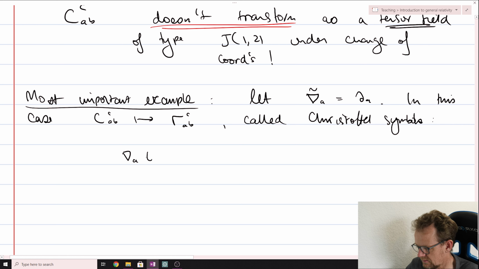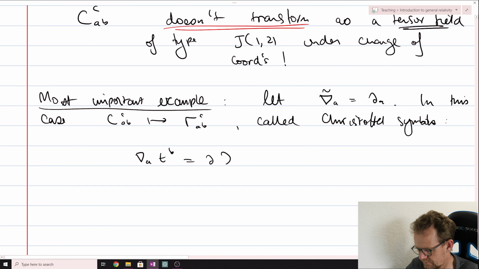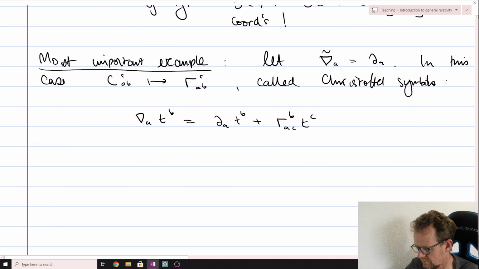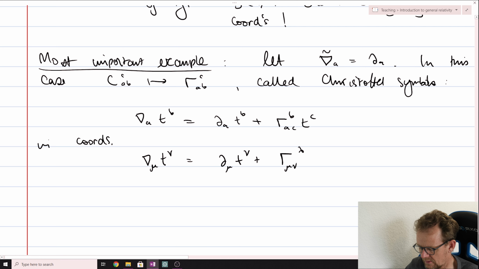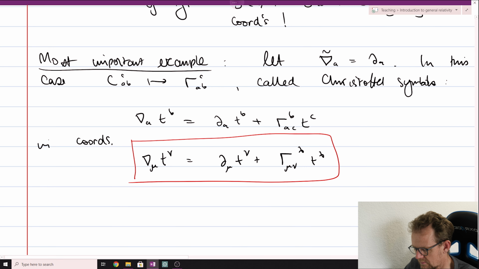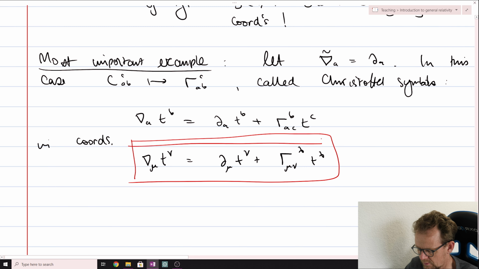And we just write for the derivative operator, we use the following notation, which in coordinates, so if you go to a coordinate basis, you can then write the action of this derivative operator, covariant derivative, on the vector field as such.